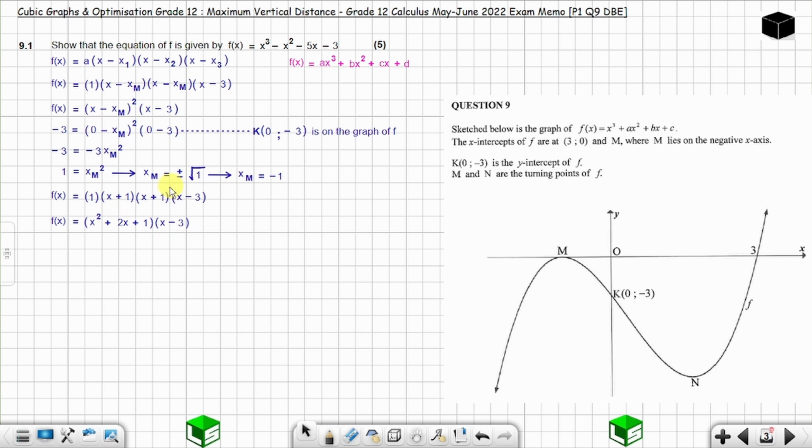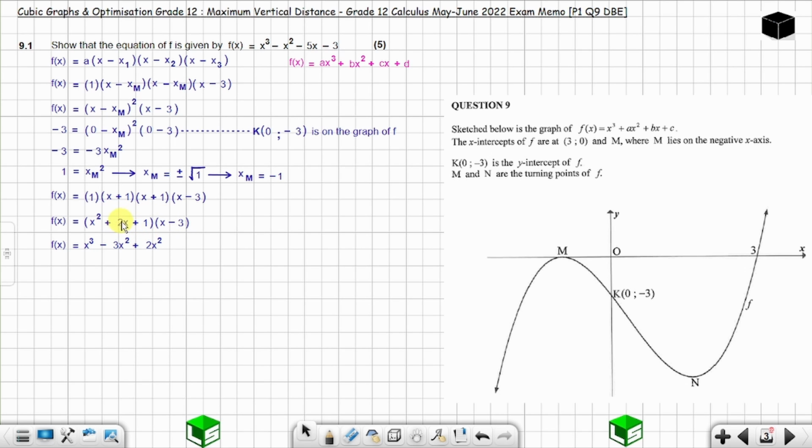Now we are going to multiply by this bracket. Okay, f of x is equal to x squared times x, which is x cubed, x squared times negative 3, which is negative 3x squared. Okay, so we are done with this. Now we are going to take 2x times x, which is plus 2x squared, right?